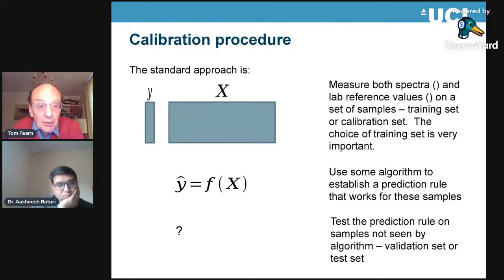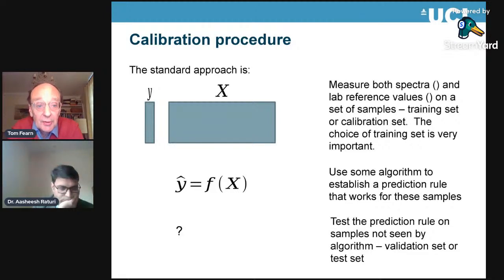So the standard calibration procedure looks like this. You take some samples, maybe 50 samples, maybe 100 samples, and you measure Y, which are the lab reference values. So you need to teach some algorithm how to predict what you're interested in, the amount of cellulose in a sample of wood, the amount of water in a biscuit dough, to predict that from the spectral measurements.